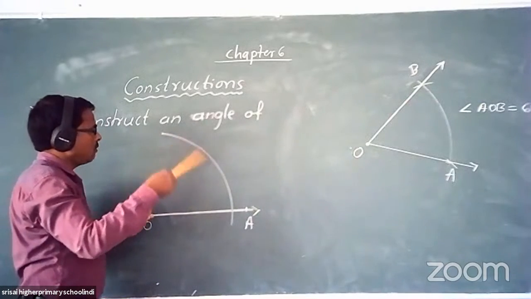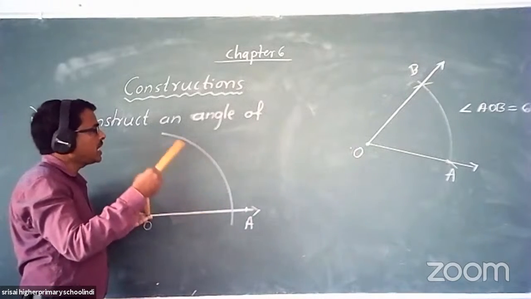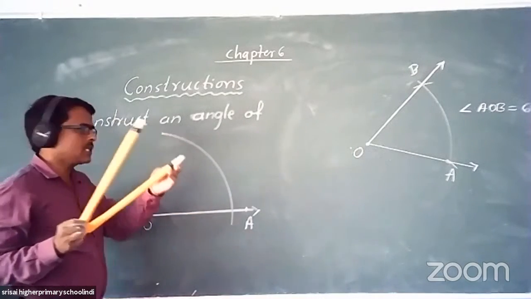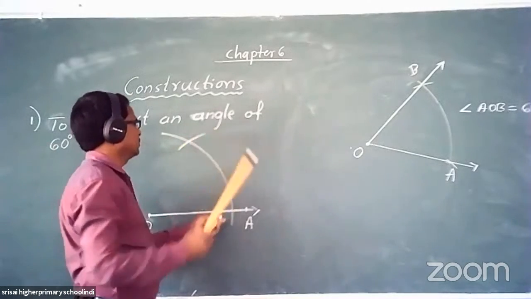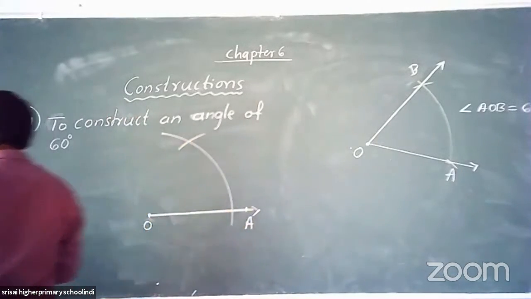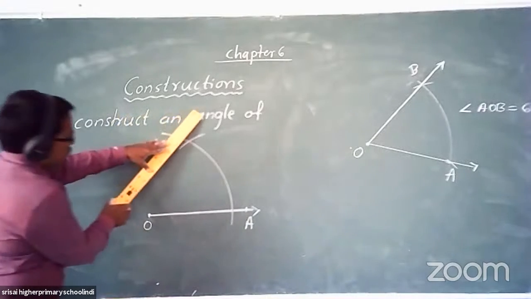The same method I will follow here. I have drawn one arc. I am not changing the radius of this arc. Keeping the same, keep this arm here and cut. Okay. Now using a scale, join.